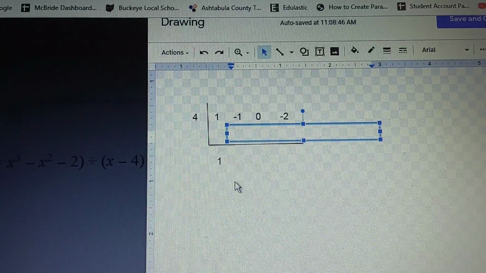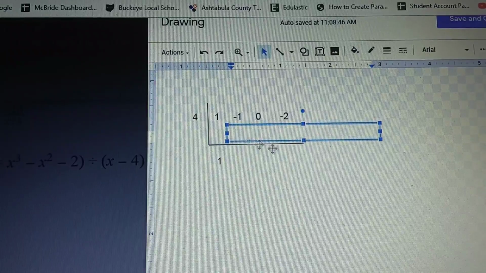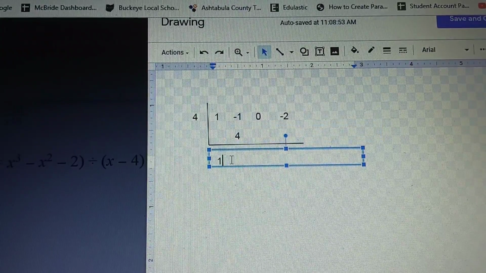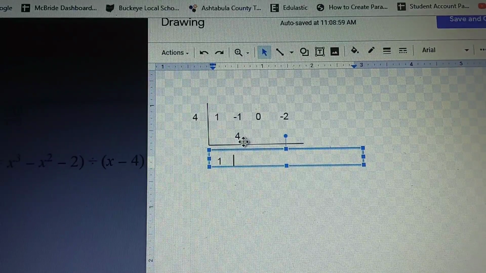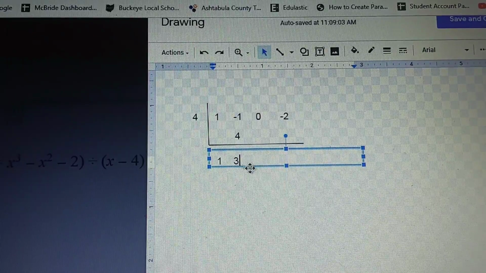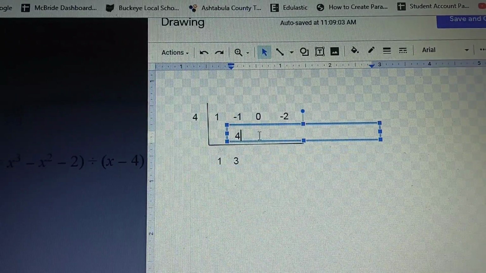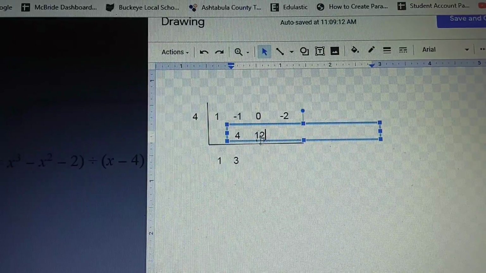Okay, now start my math. 1 times 4 is 4. And then click down here into this box. Negative 1 plus 4 is 3. And then I'm going to do 3 times 4, and I'm going to put the answer here, which is 12.